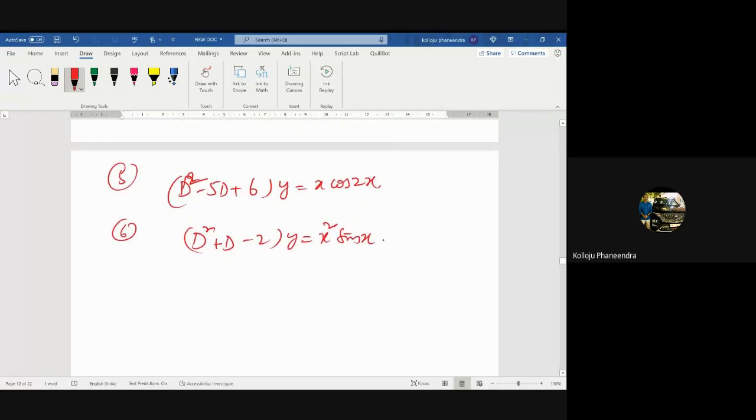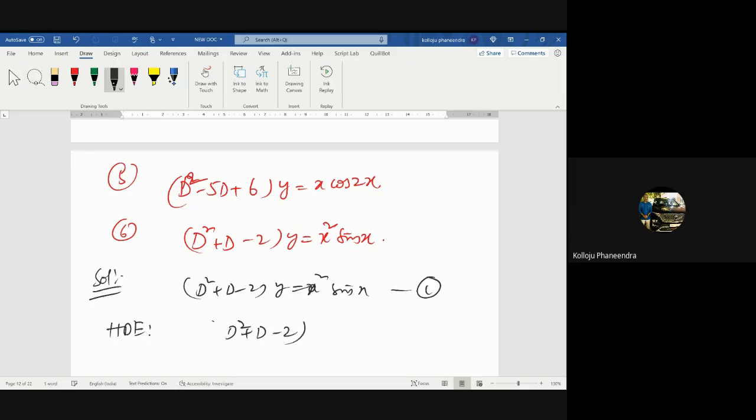Let me solve this last problem. See, all of you, sixth problem. Firstly, D square plus D minus 2 into y equal to x square into sine x, equation 1. Homogeneous differential equation, D square plus D minus 2 into y equal to 0.